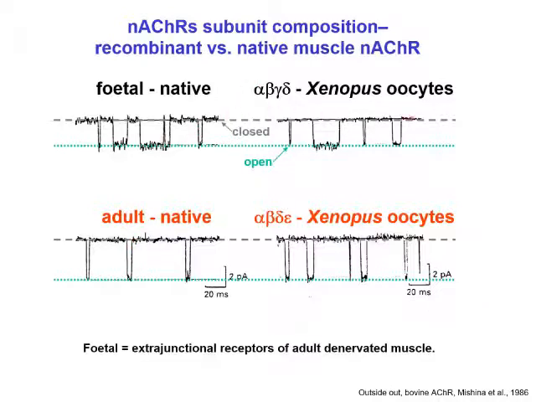If we express in Xenopus oocytes these four subunits, alpha, beta, gamma, delta, we get channels that look exactly like the fetal ones, but if we replace the gamma with the epsilon subunit, we get channels that look very much like the adult channels. So this establishes pretty well the composition of the native nicotinic acetylcholine receptor in fetal or adult tissue.